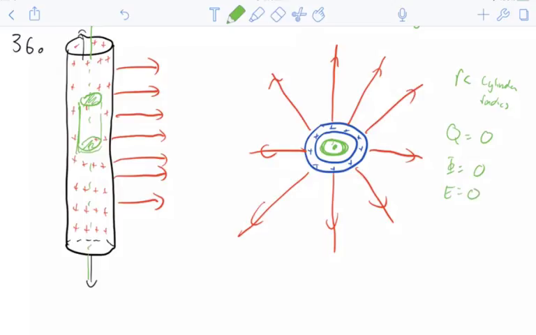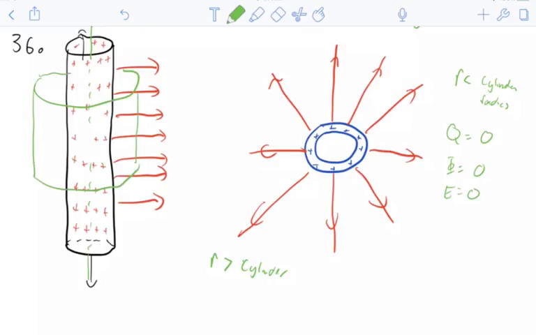When the radius is larger than the cylinder, let me clean this up a little bit. When the radius from the ring is larger than the cylinder, like there, it's from the cross section that looks like this. How much charge is inside of it?